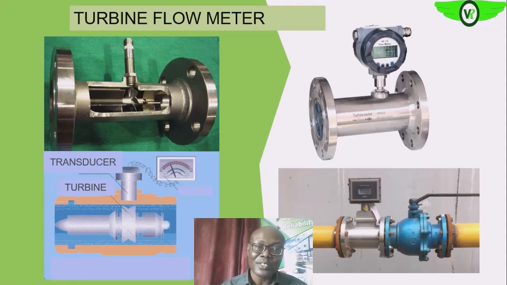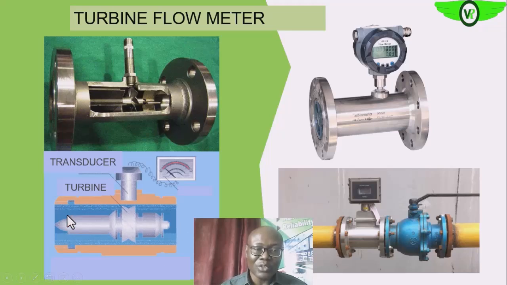So these pulses are sent to the meter, or the transmitter, and they give us a direct reading of the flow rate, taking into consideration the number of pulses and the time it took. So the calculation is done here, saving us the stress of doing it manually. That is what you are seeing.